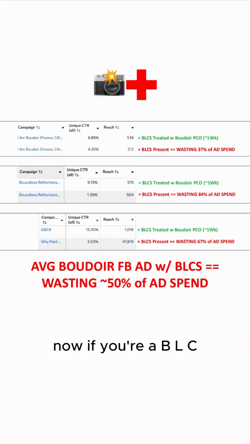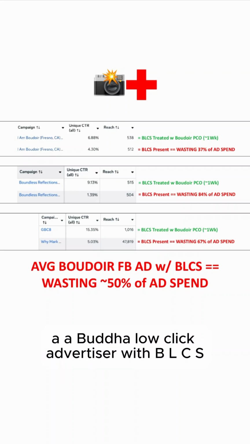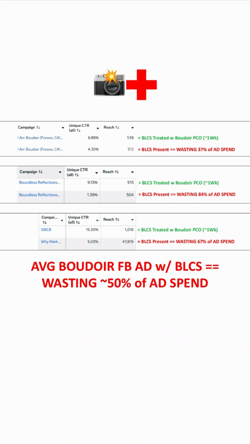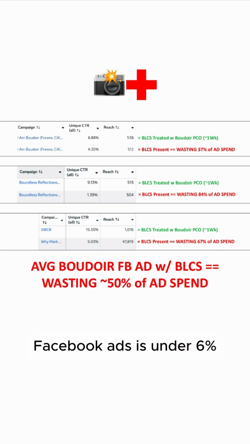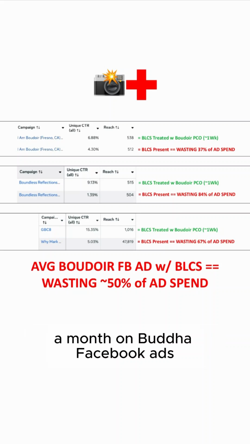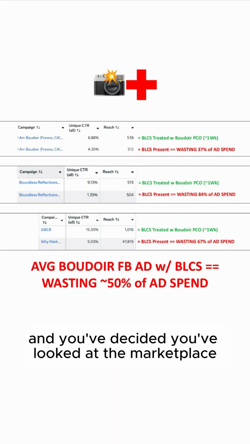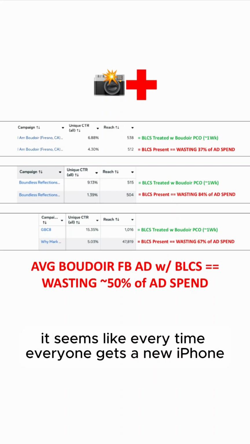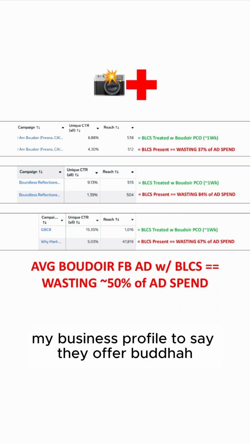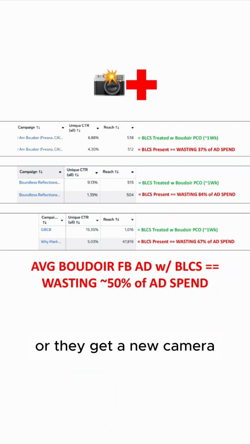Now, if you're a BLCA, a boudoir low click advertiser with BLCS, so your unique CTRL of your boudoir Facebook ads is under 6%, and you're spending more than 10 grand a month on boudoir Facebook ads, and you've looked at the marketplace, you're seeing it become more and more saturated every day. It seems like anytime everyone gets a new iPhone, they turn on Google My Business profile to say they offer boudoir, or they get a new camera and they're posting in the mom group saying they offer boudoir.